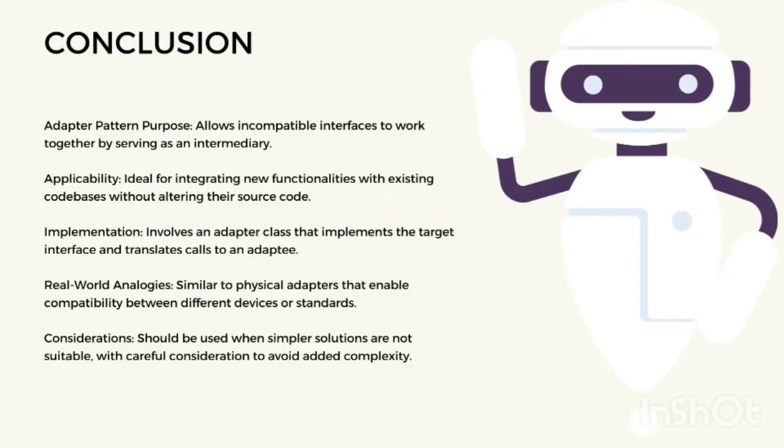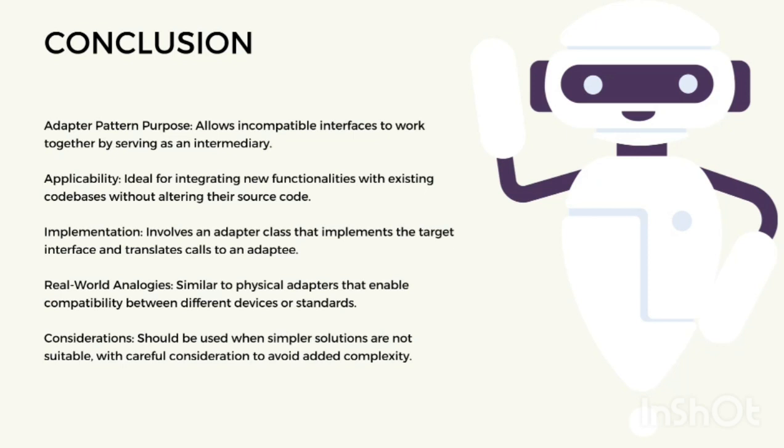The conclusion: we can say that the adapter pattern's purpose is to allow incompatible interfaces to work together by serving as an intermediary. On applicability, it is ideal for integrating new functionalities with existing code bases without altering their source code.